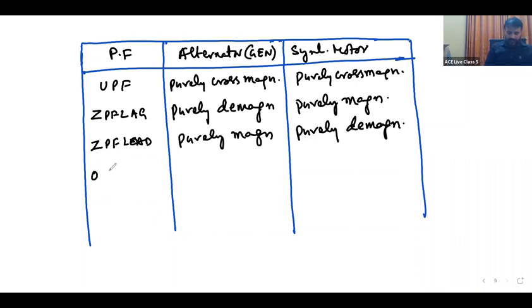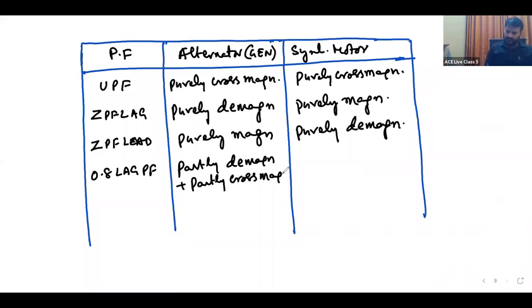Now 0.8 lagging power factor. For 0.8 lagging power factor, it is partly demagnetization plus partly cross magnetization. Here, for motor, partly magnetization plus partly cross magnetization.